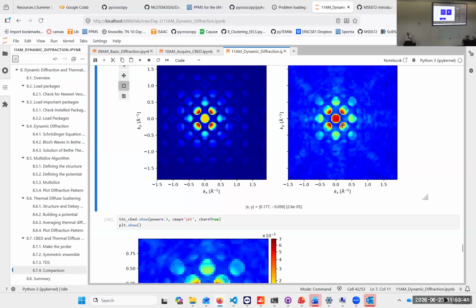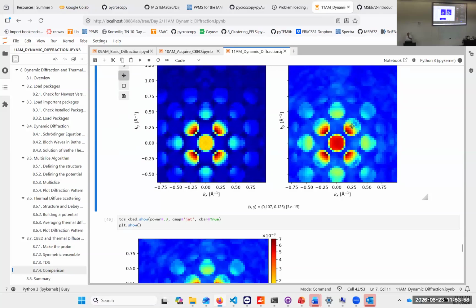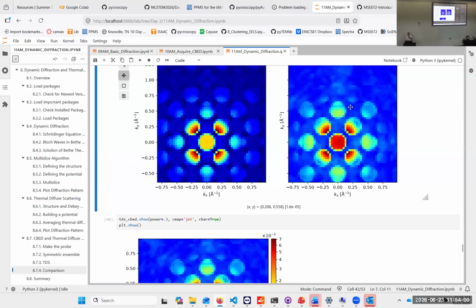In this case, for the inner part, it is certainly enough. If you're interested more in the Kikuchi pattern, then we have to look at that one. You can see how the thermal ensemble changes things as you go out from the center here.